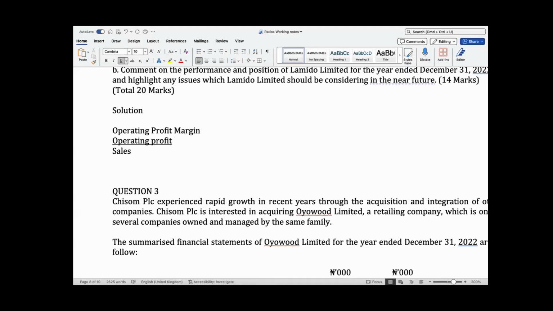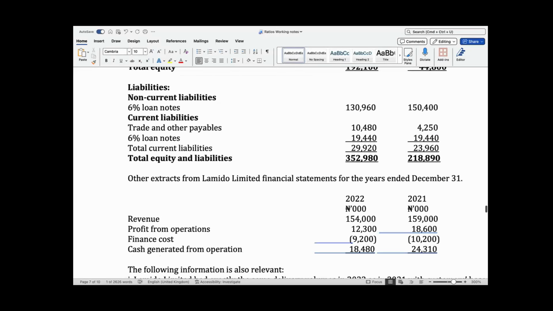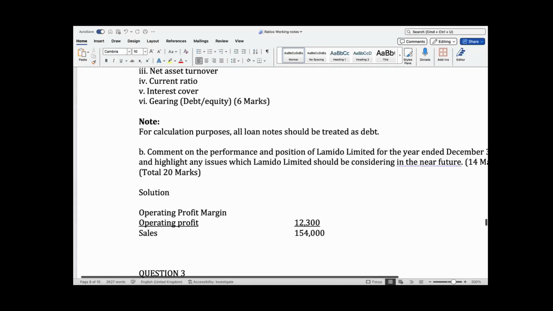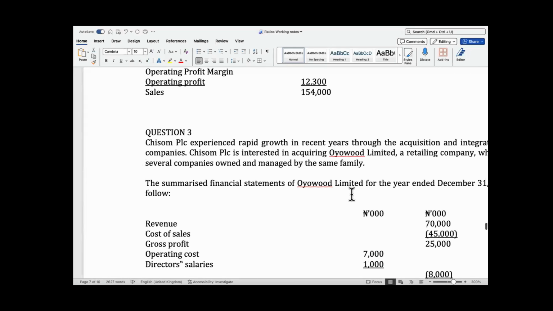This is 12,300 for the first year. And what's my sales? 154,000. So they give me 2 years. I need to compute for the 2 years, 2022 and 2021. And this is 18,600 and 159.